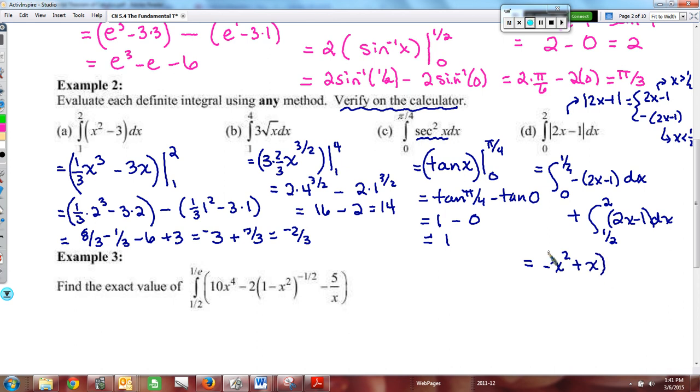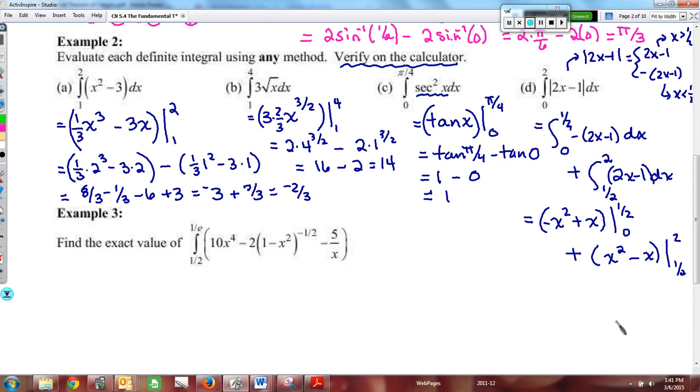And we're going to evaluate this net change for the first part from 0 to 1/2. And then we're going to add to that, and notice that your antiderivatives are fairly close to each other. The antiderivative of 2x minus 1 is x squared minus x, and we're going to evaluate that one from 1/2 to 2. So that will give us this idea of what we're looking for.